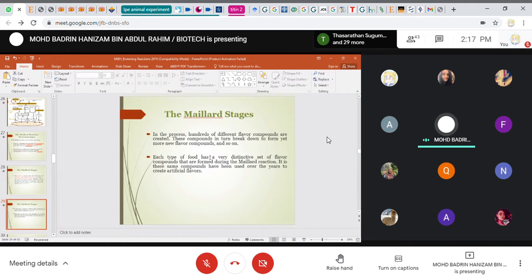flavor that is created during this Maillard reaction, when scientists identified using GCMS, HPLC-MS, they know what type of compound gives this characteristic flavor of barbecue taste. So that is how they produce the artificial flavor that mimics this compound that comes from the Maillard reaction.